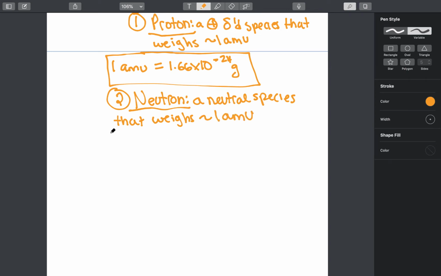And then the last subatomic particle that we need to worry about in Gen Chem is the electron. Now the electron is the opposite of a proton.